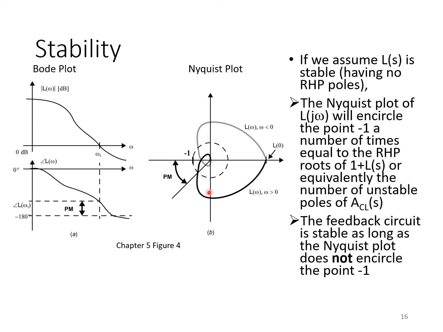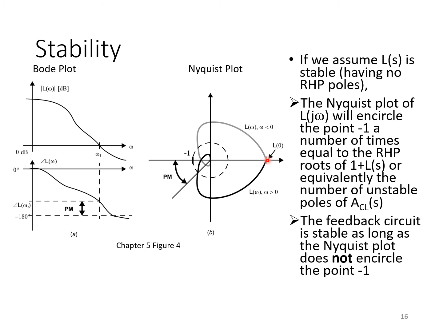That is what the Nyquist plot is here. And you'll see that as we start at DC, we've got a very large magnitude response for L and a phase of 0 degrees. That puts us on a polar plot over here on the positive real axis.